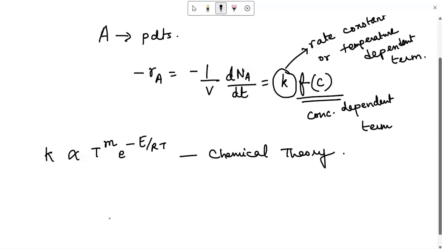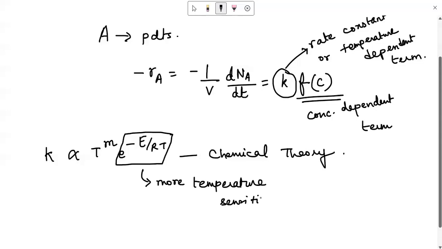Now, through different experimental studies, it is seen that this exponential term is very important because this term is more temperature sensitive. I am writing this for the sake of easier understanding. This is more temperature sensitive than this power term.